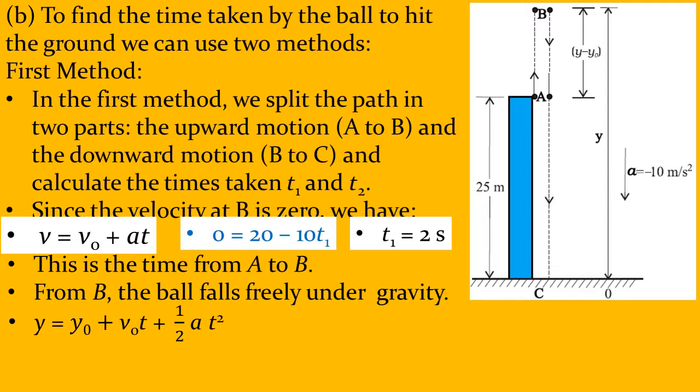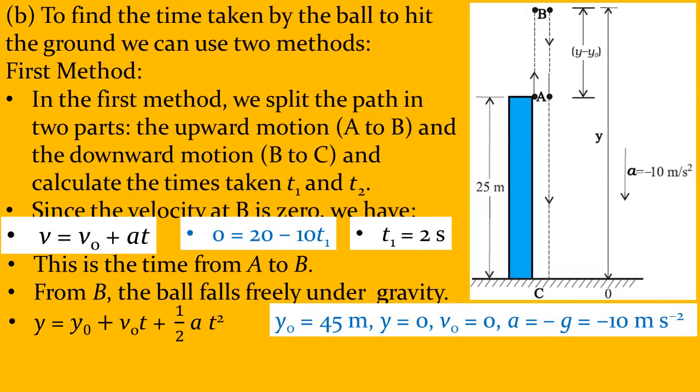I have replaced the term x by y because we have taken the y-axis here. Now y naught, the topmost position, is 45 meters. Y, the bottom on the ground, is 0. V naught, it starts from B with 0 velocity. Acceleration is minus 10 meters per second square.